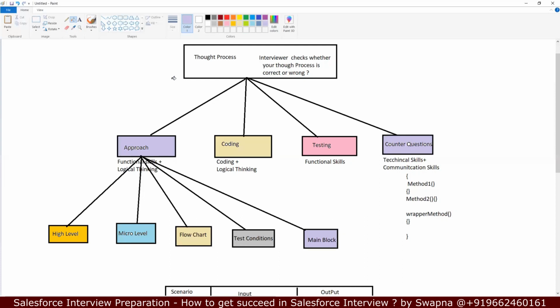That means you are good to go. So that's how our interview process is. Any interview wherever we go, this thought process is what we have to apply.